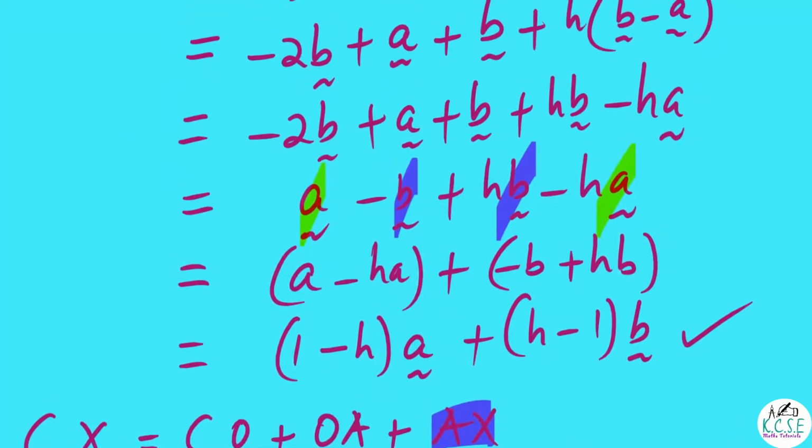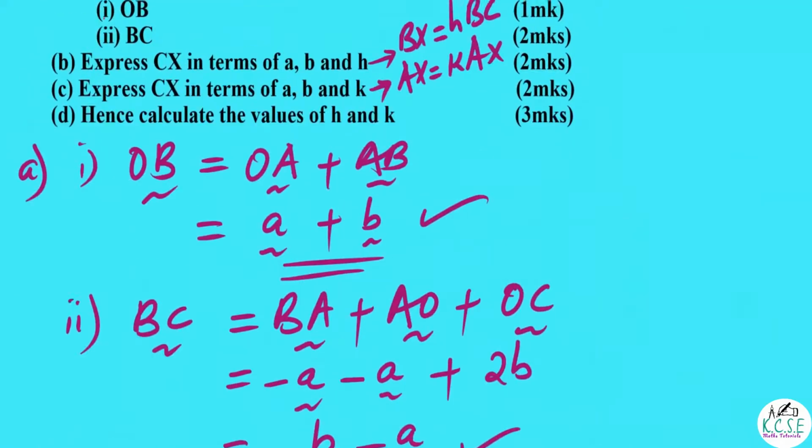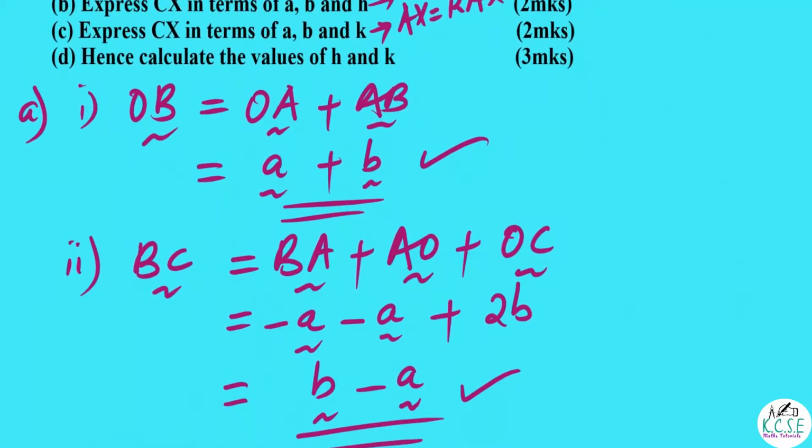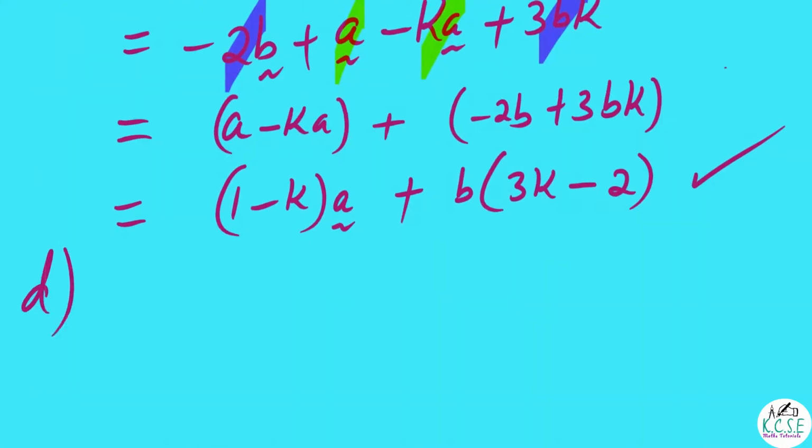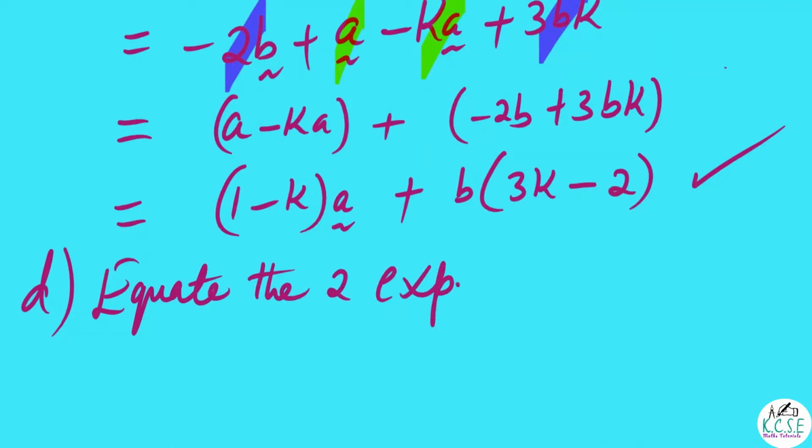Now we have expressed Cx in two ways. Now let's go to the last question, which is hence calculate the values of H and K. Part D, calculate the values of H and K. Now to calculate the values of H and K, we shall equate the two expressions of Cx. Since they're expressing the same thing in different ways, we're going to equate these two expressions, and this is how we're going to do it.